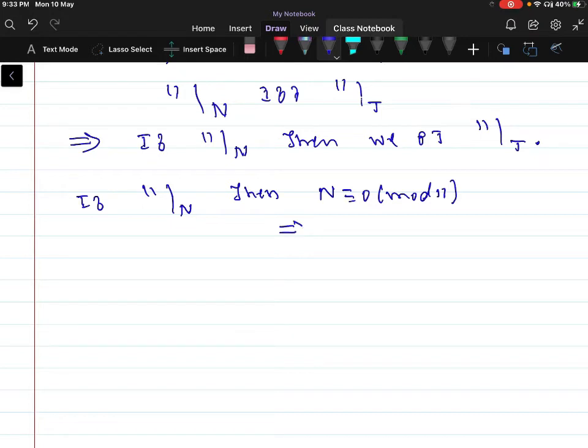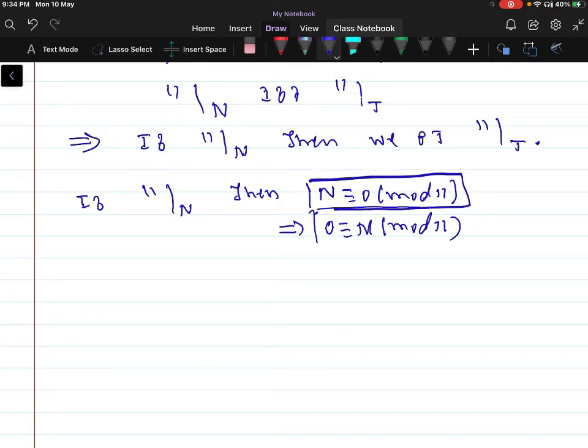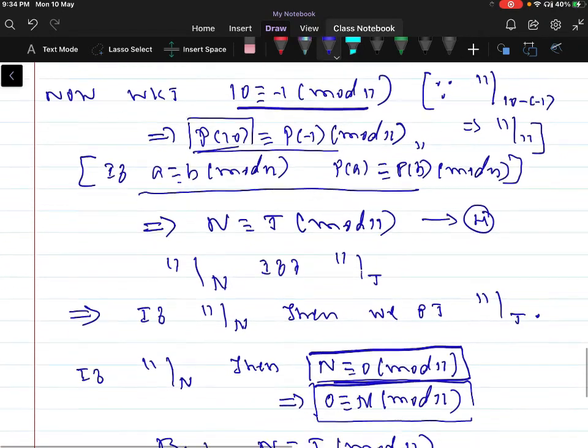This implies 0 is congruent to n modulo 11, since congruence is symmetric. But n is congruent to t modulo 11, that is from equation 4.